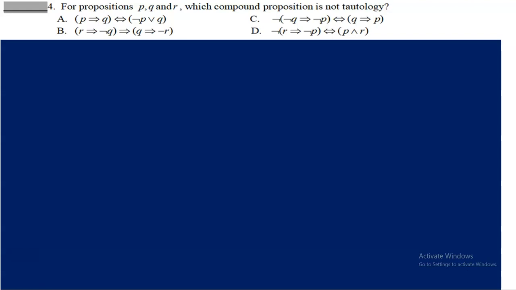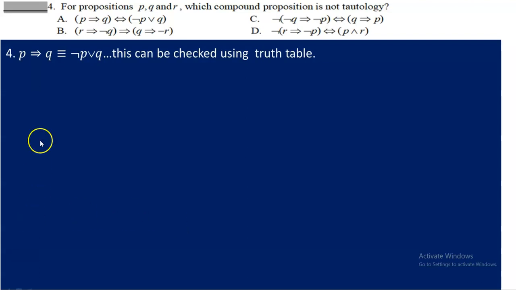So you are given these choices A, B, C, D, and we are going to select the one which is not a tautology. The idea goes like this. As we studied in our classroom, P implies Q is equivalent to negation P or Q.